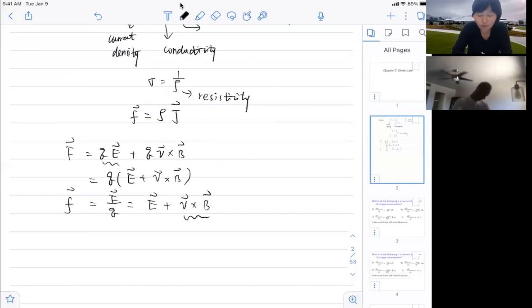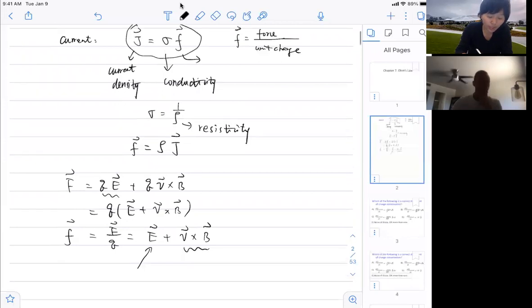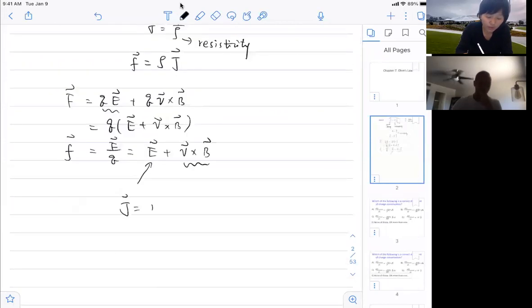But oftentimes the V cross B is very small, because the velocity of the charges moving inside the wire is very, very slow. So the source from E is dominating. So a lot of times, to describe driving a current inside a conducting material, we write J is equal to sigma E.